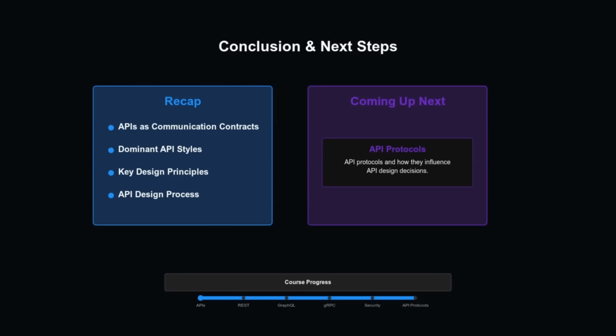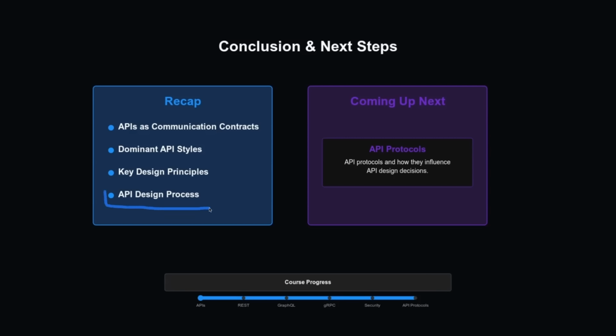So let's recap and see what our next steps are. We learned what APIs are and about the most dominant three types of API styles, which are RESTful, GraphQL, and gRPC. We've covered the 4 key principles that will guide us when creating API designs effectively.